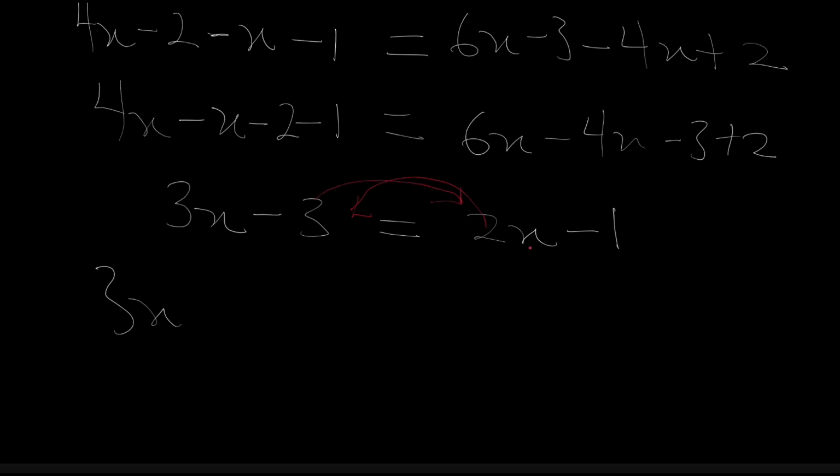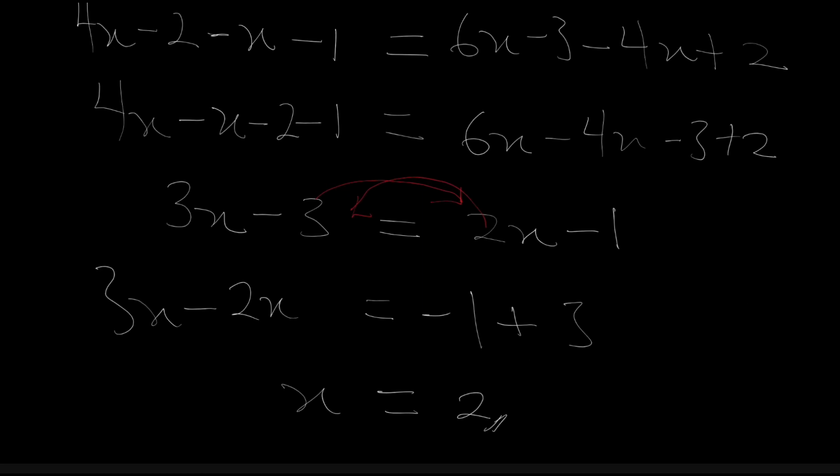So when 2x crosses, we have minus 2x equals minus 1, and negative 3 will cross the equal sign, so we have plus 3. 3x minus 2x, we have x equal to negative 1 plus 3, we have 2. So our x is equal to 2.